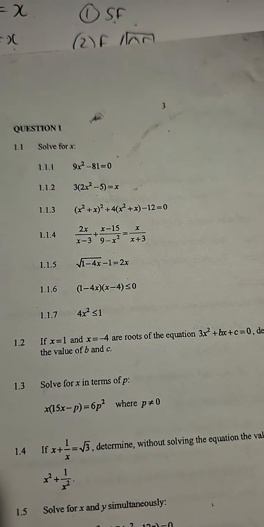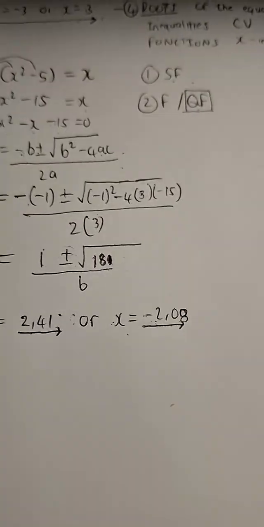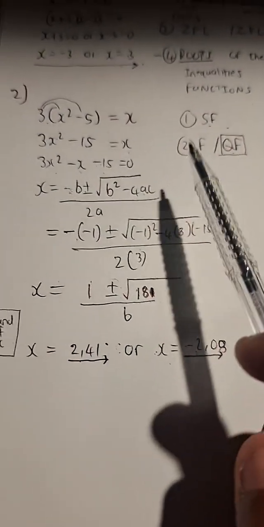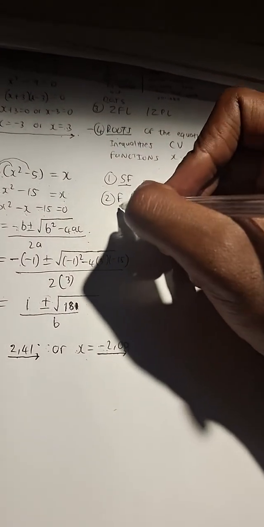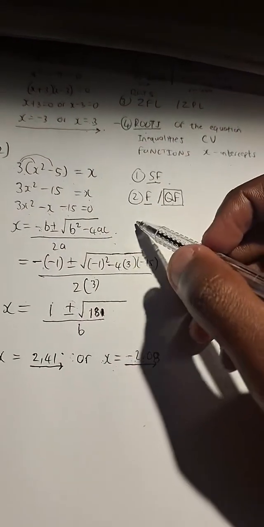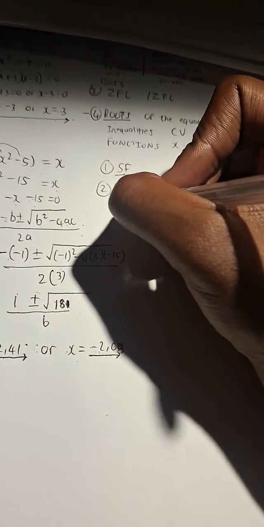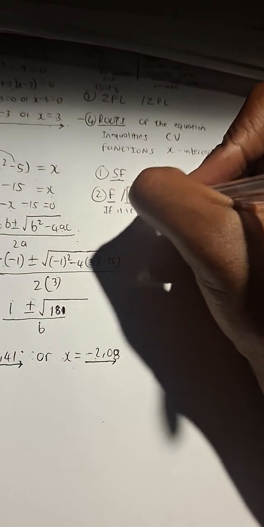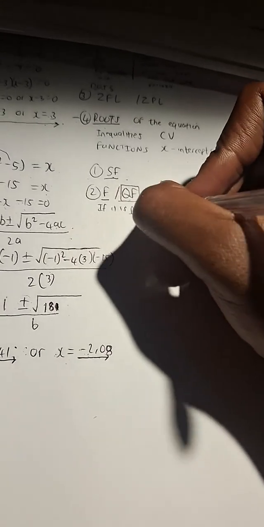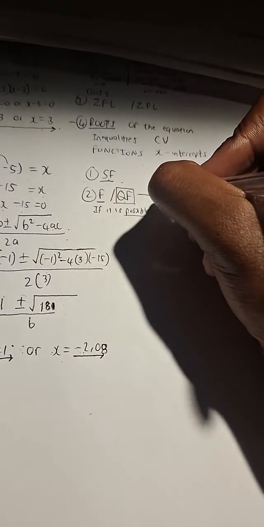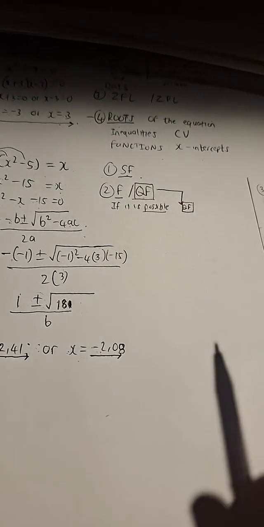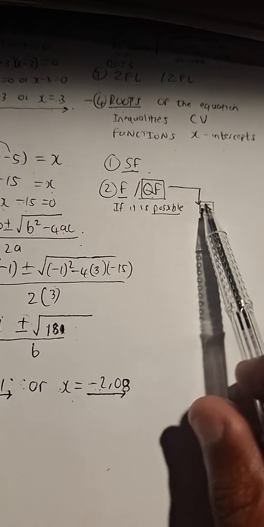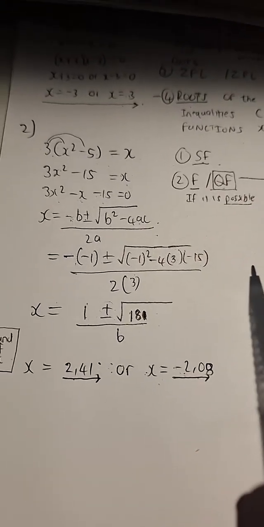Then by all means, go ahead and do that. If it has not been stated as such, you are free to write your equation in standard form, factorize if it is possible, and in the event that it is not possible, you are free to use the quadratic formula.